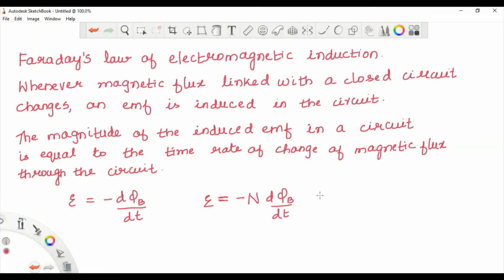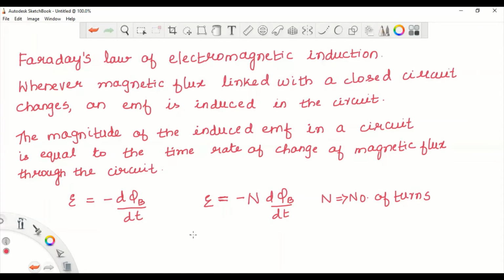So if the coil has n number of turns, the induced EMF can be increased by increasing the number of turns of a closed coil.